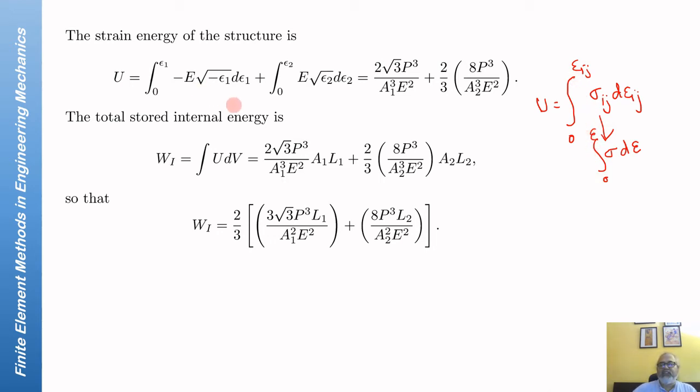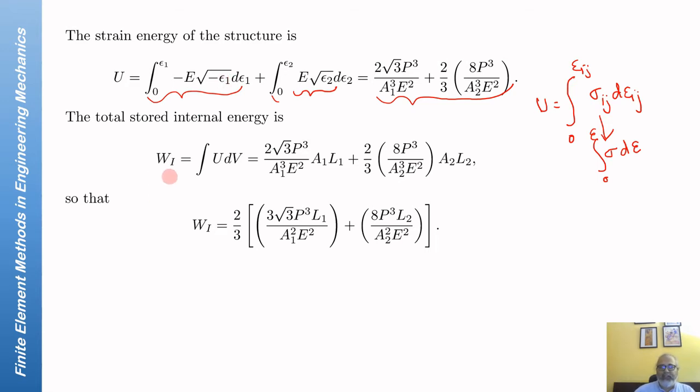I'll have to integrate it from 0 to epsilon in order to get the u, and I'll do this separately for the two cases. For the first bar, which is under compression, I'll use the compressive stress, and for the second bar I'll use the tensile stress. Both these integrals can be easily carried out, and this is the result of the integration as per the strains that we have found.